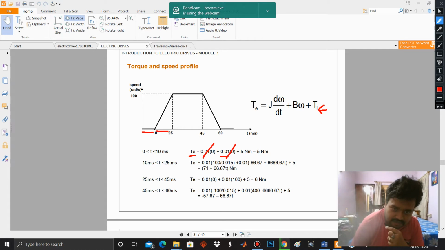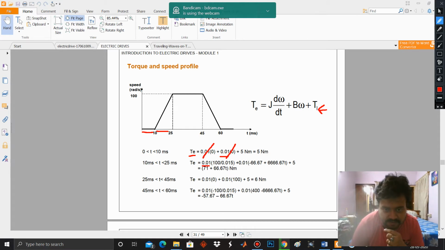Now let us consider the duration from 10 to 25. Now TE is equal to 0.01 into 100 by 0.015. What is the time interval? The time interval is 15 milliseconds. So in terms of seconds it will be 0.015.